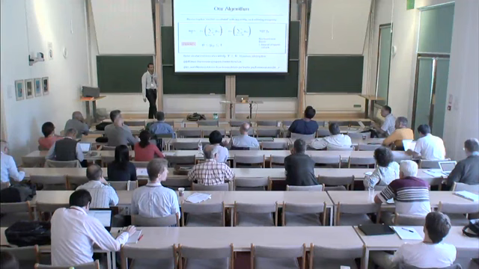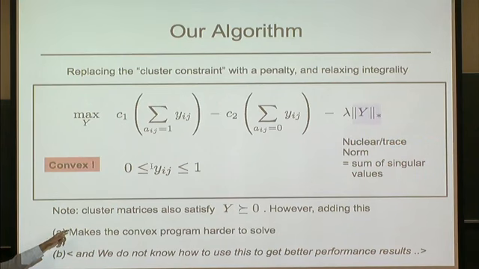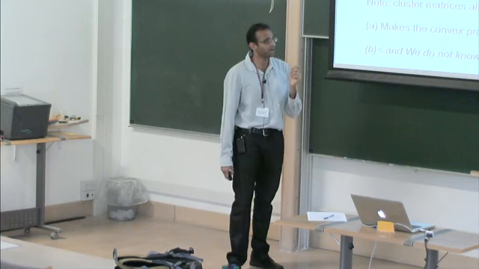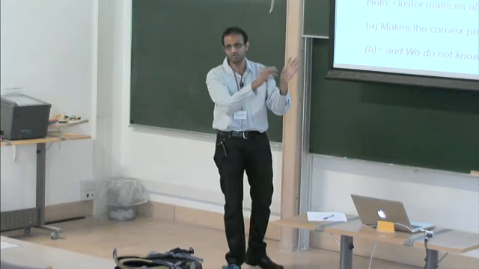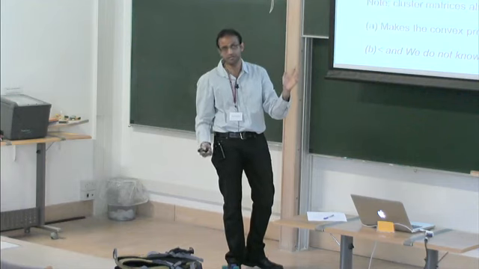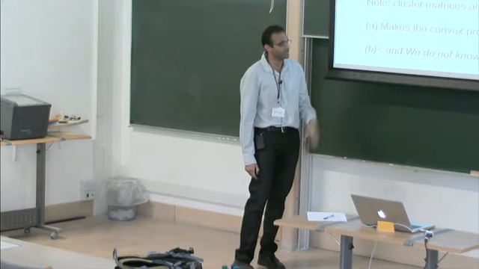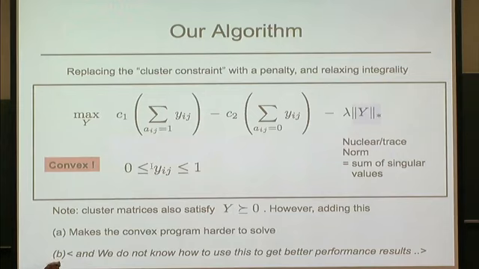Is Y also symmetric, and do you impose that? Yeah. So actual cluster matrices have several more properties. They are symmetric. They are positive definite, because they are blocks of ones, and each block is a positive definite block, so the overall matrix is also positive definite. So there are all these extra properties. We don't impose them because it makes the convex program harder to solve.